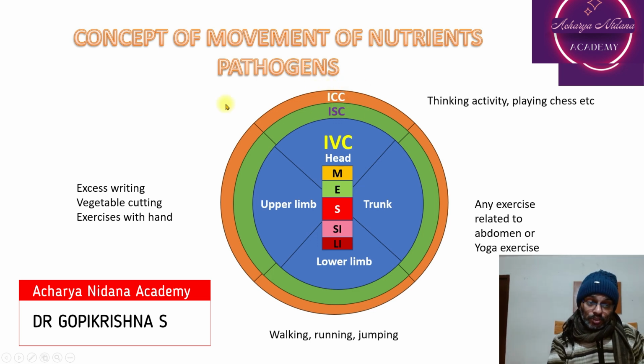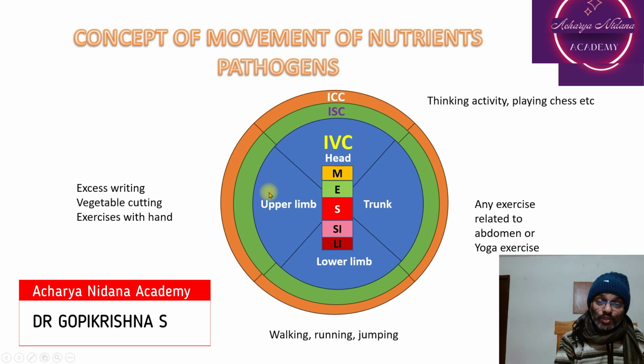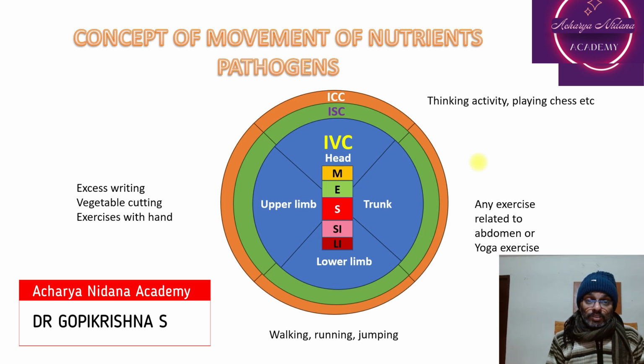If the person is doing two such kinds of activities, for example vegetable cutting and walking and running, more blood supply will be observed, and new pathogens may enter from the stomach to the upper limb and lower limb. In this way the channelization of nutrients and pathogens happens.